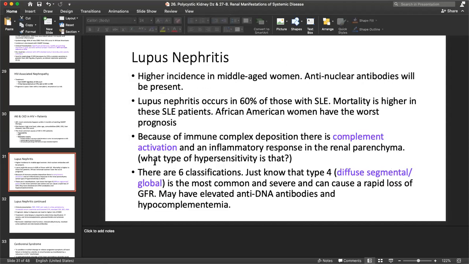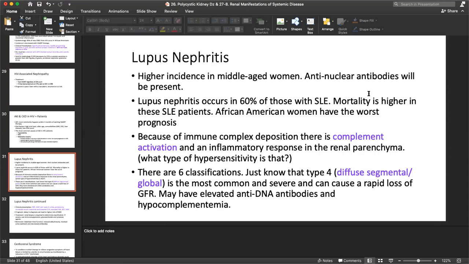Okay, lupus. Remember, lupus is going to be complement deposition. So there's going to be antinuclear antibodies, ANAs, positive. And lupus nephritis occurs in over half, 60%, of those with systemic lupus.